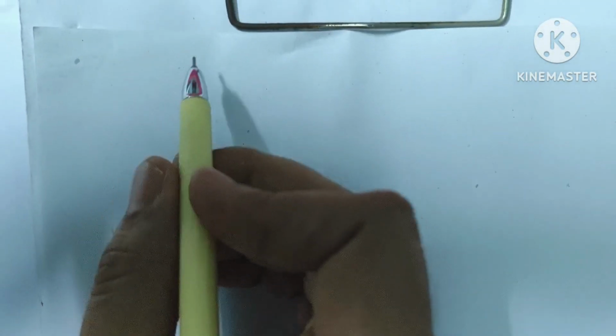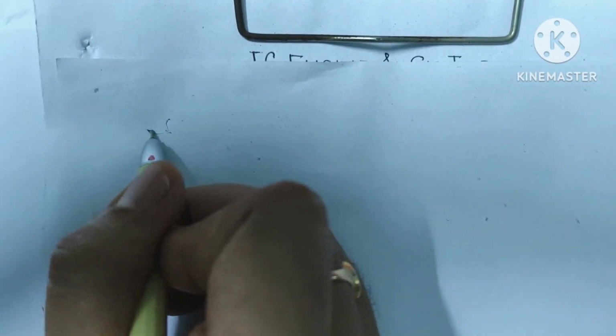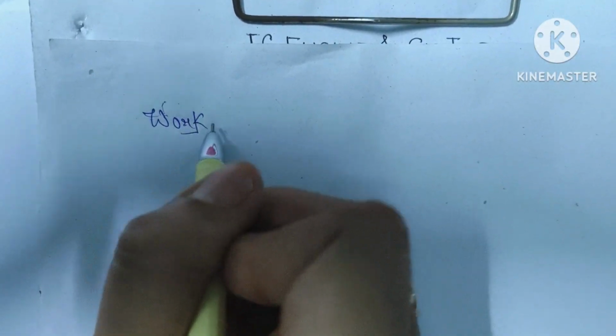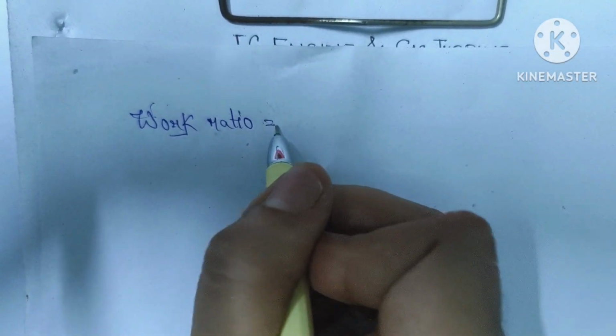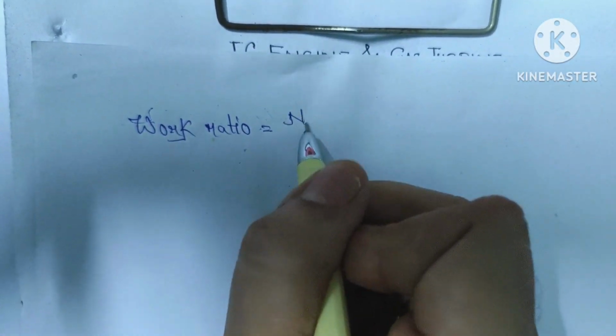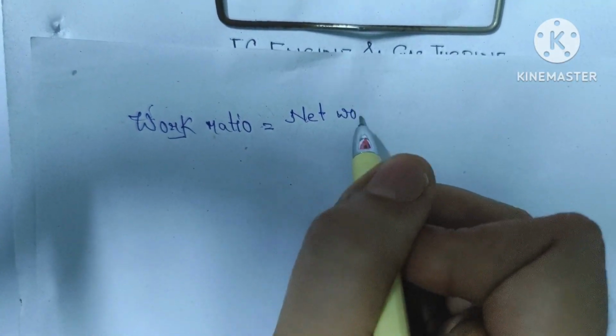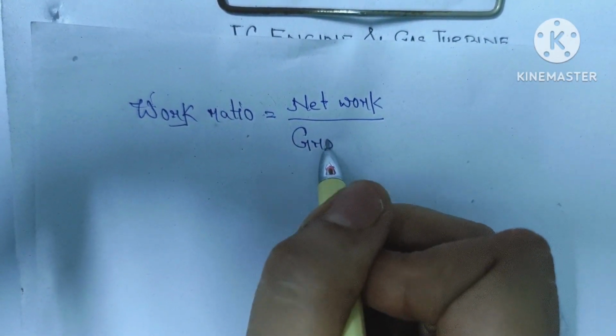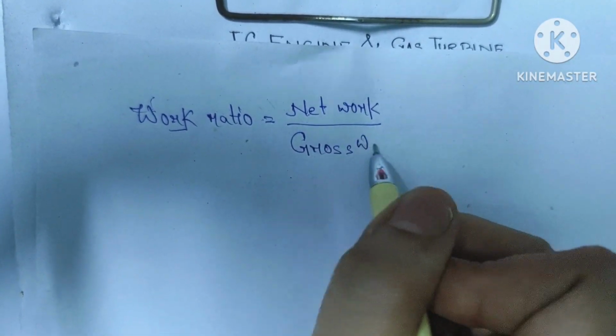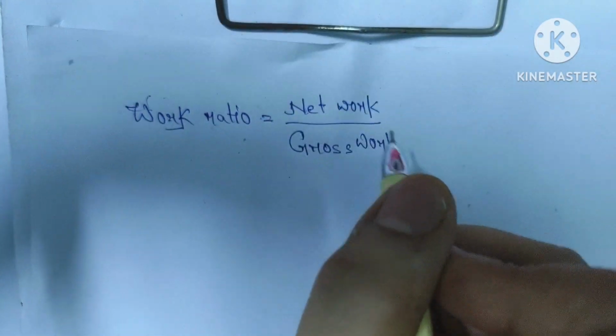For the second part we need to calculate the work ratio, and that is equal to net work by gross work.